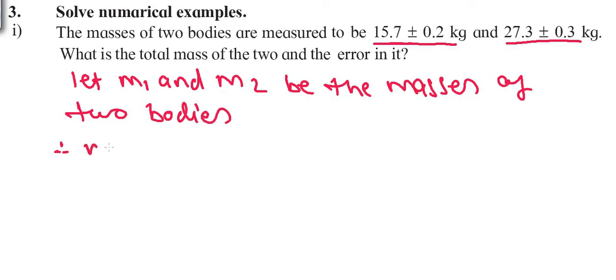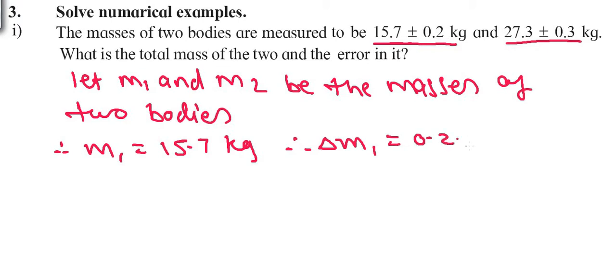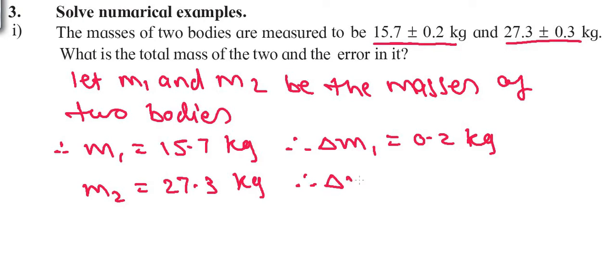Therefore, it is given that m1 is equal to 15.7 kg and absolute error in the measurement of m1, delta m1 is equal to 0.2 kg. Now the mass of second body m2 is equal to 27.3 kg and error in the measurement of mass of second body delta m2 is equal to 0.3 kg.